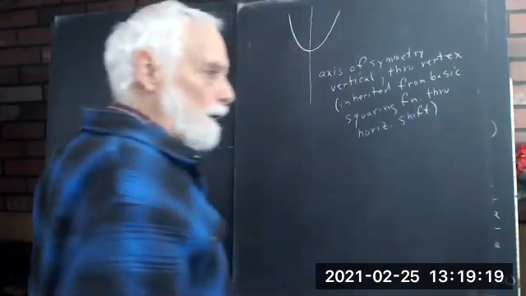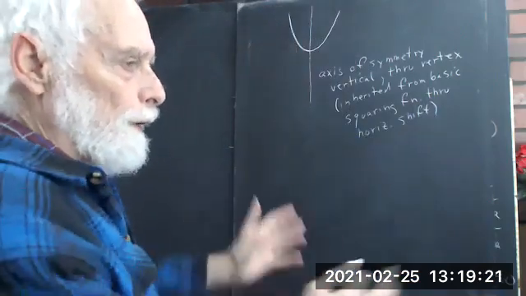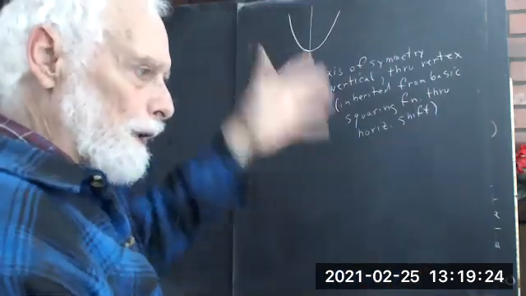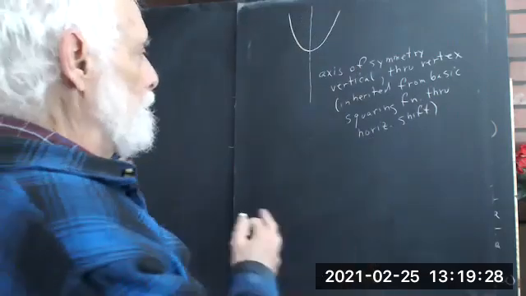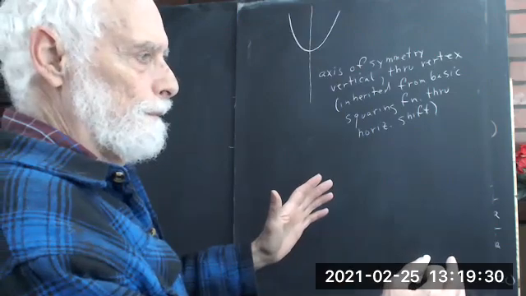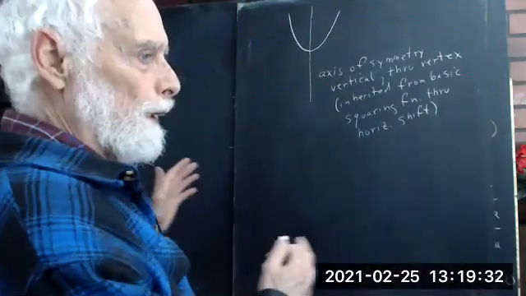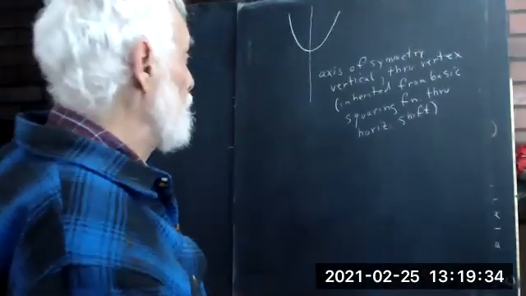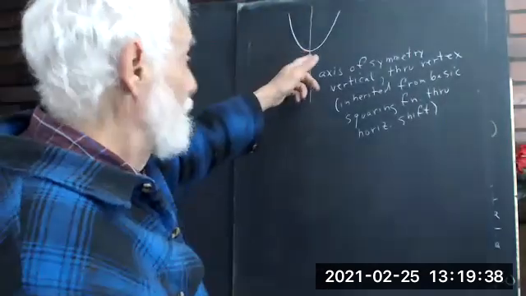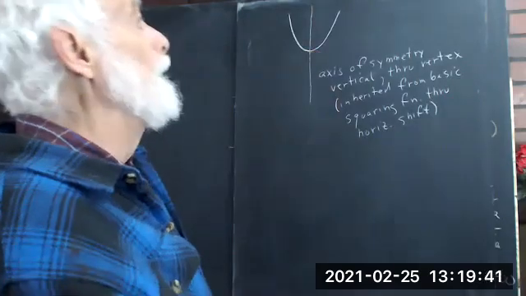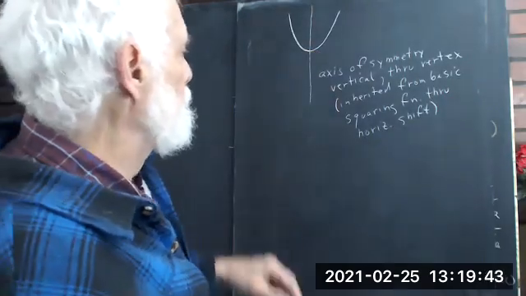The horizontal shift doesn't affect the symmetry about the vertical line through the vertex, and just shifts that line h units along the x-axis. That also can shift the thing up or down, but the vertex is going to be on the axis of symmetry.